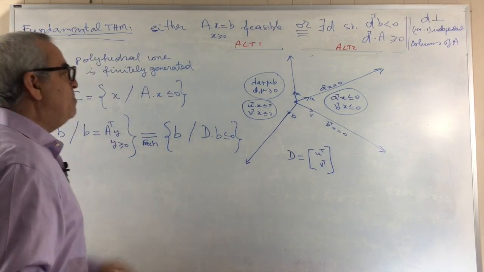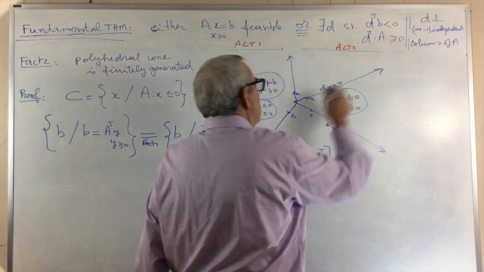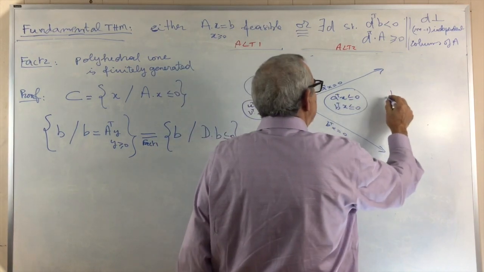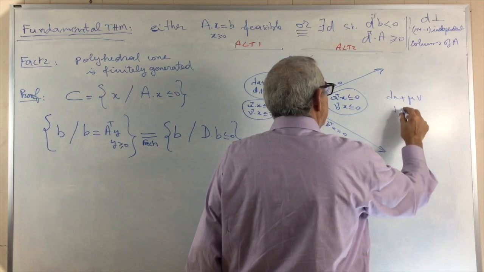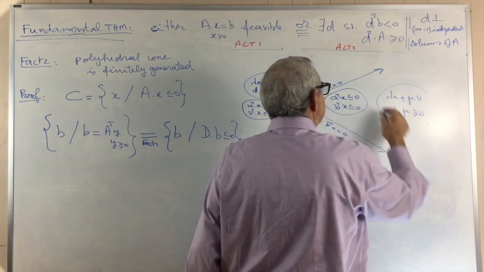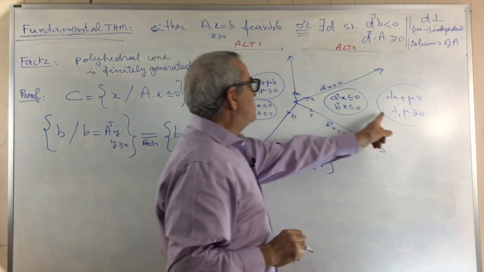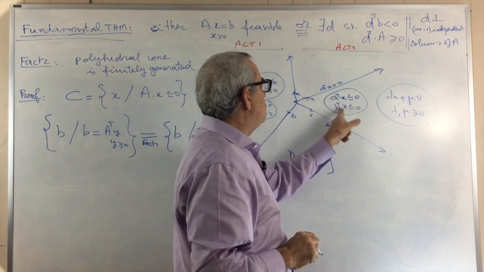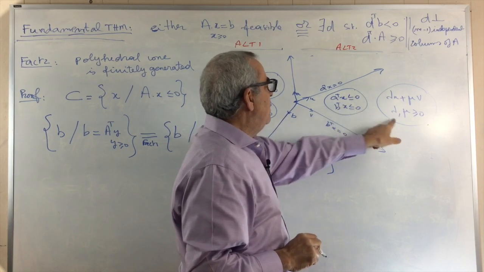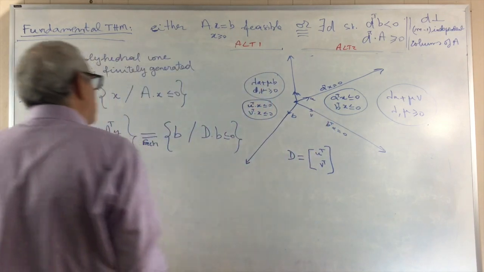Now, my original cone is just lambda U plus mu V, lambda and mu greater or equal to 0. Therefore, I just showed that this cone that was defined by two linear inequalities is finitely generated by these two vectors U and V. So we're going to do the same thing.